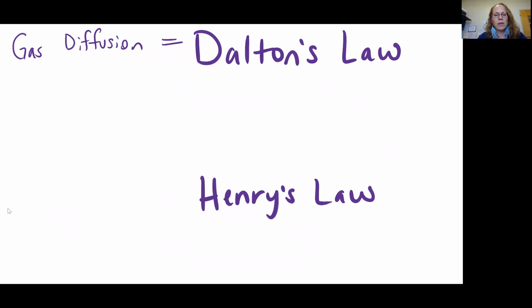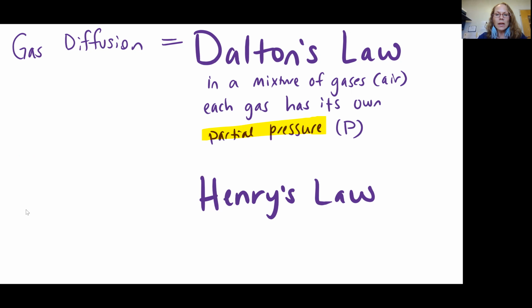Now, the diffusion of gases is regulated by two gas laws, Dalton's law and Henry's law. We've already talked about Boyle's law as it applied to pulmonary ventilation, and now we're talking about Dalton's and Henry's law as they apply to diffusion of gases. In Dalton's law, in a mixture of gases, each individual gas has its own partial pressure.